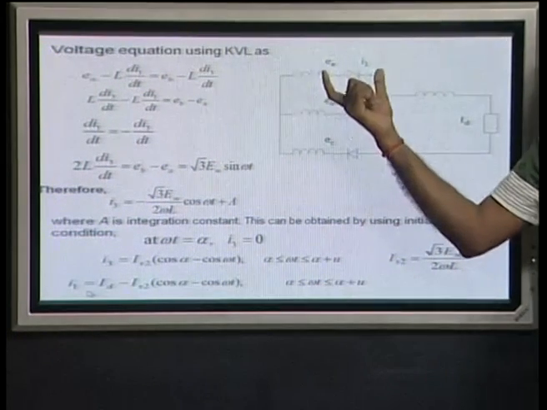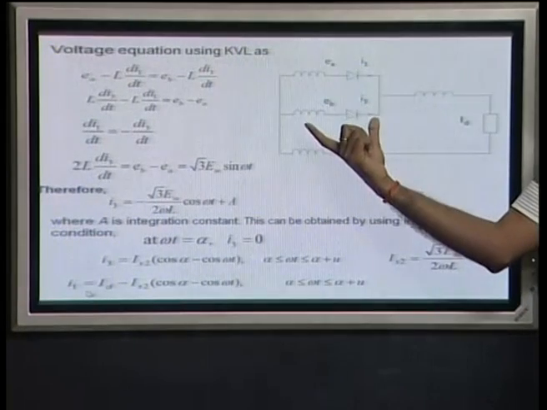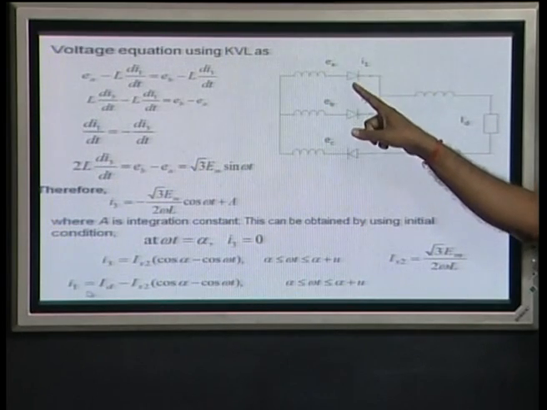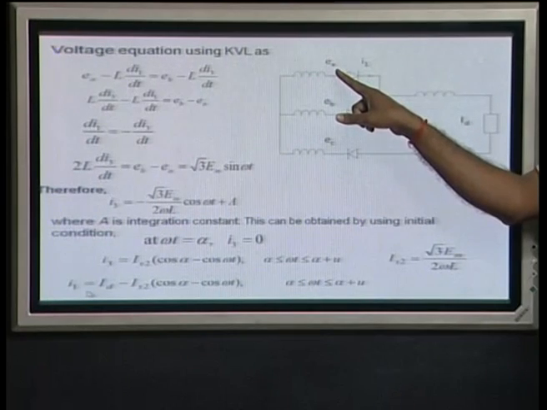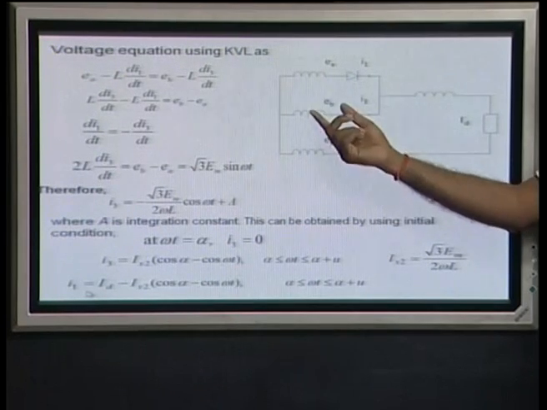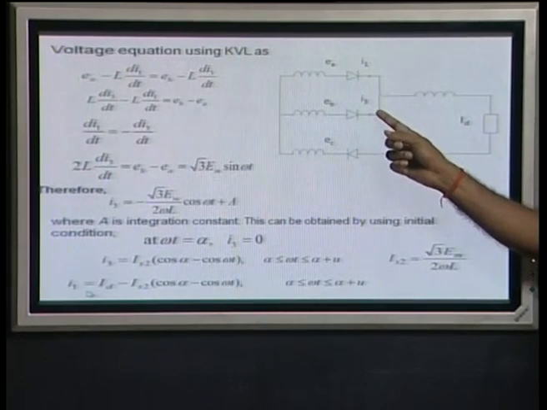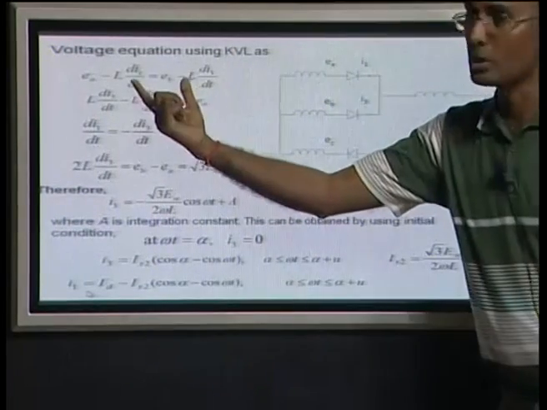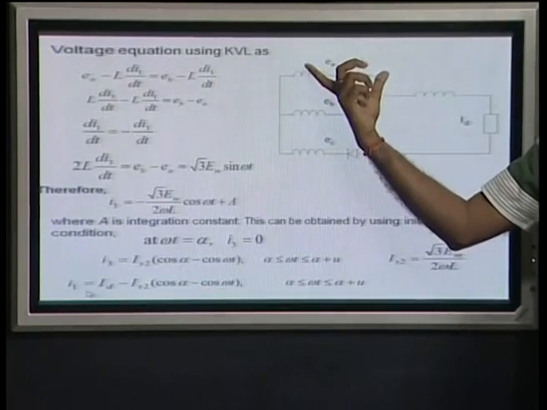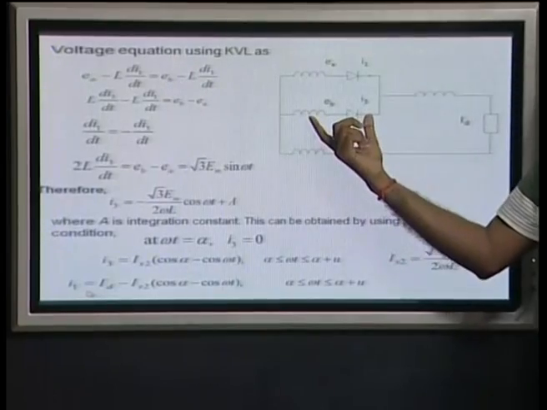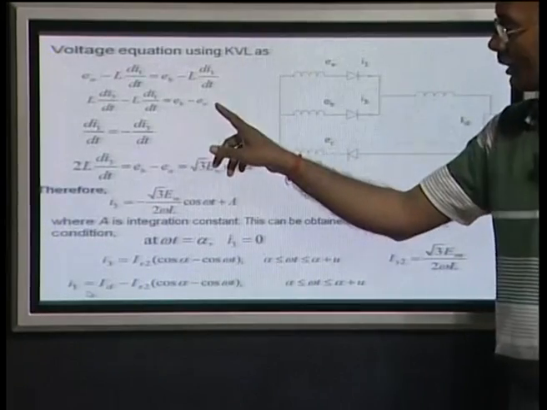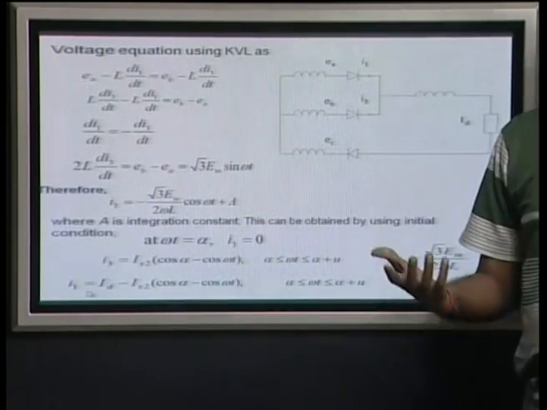I can write EA minus L di1 by dt will be equal to EB minus L di3 by dt, where di1 is the change in I1. Means this portion is the voltage corresponding to this, and this portion is corresponding to this. Now, we can simplify all this di by dt on one side, and here is EBA, and this EBA is nothing but the commutation voltage of valve 3.